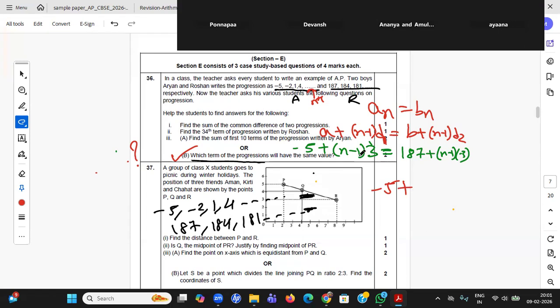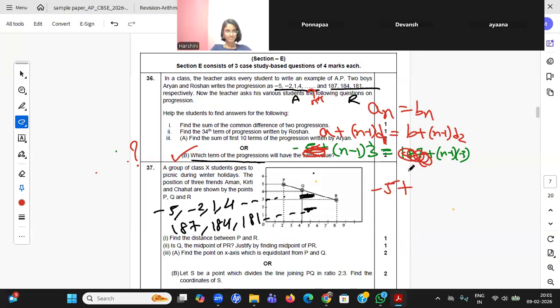If at all minus 5 and 187 were not there, you would definitely cancel in this case, and you would say no solution. So we don't cancel because minus 5 and 187 are there. Exactly, it should be free from the other terms. Okay, sir, thank you.